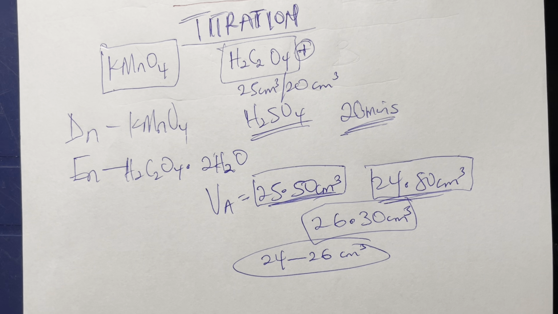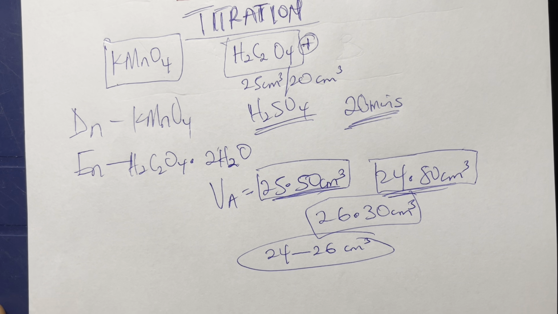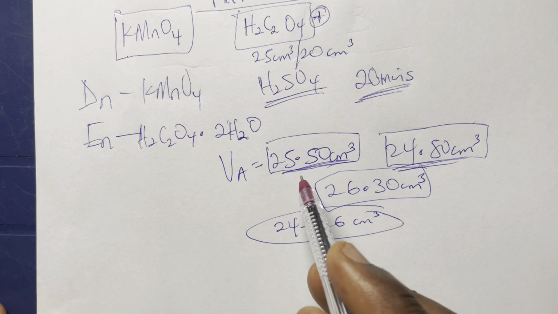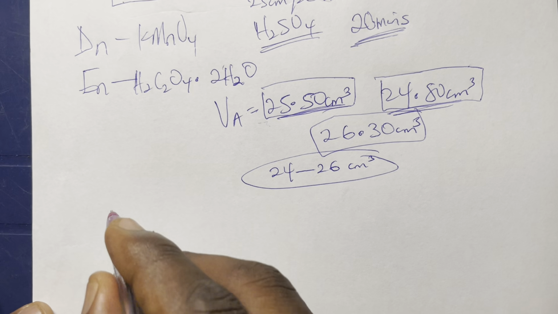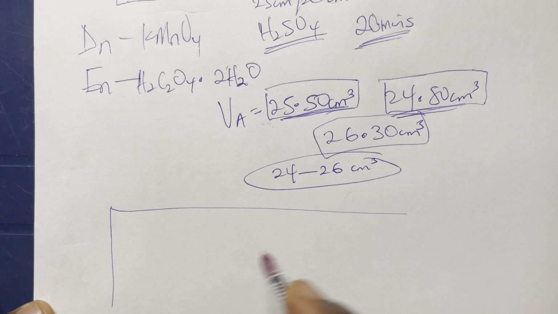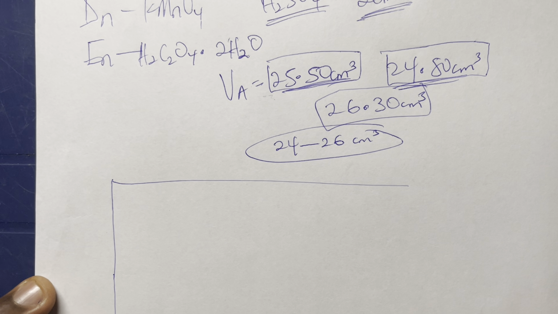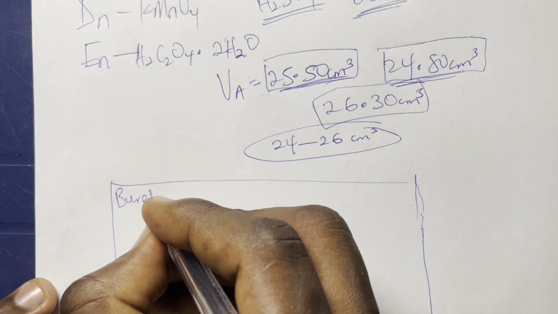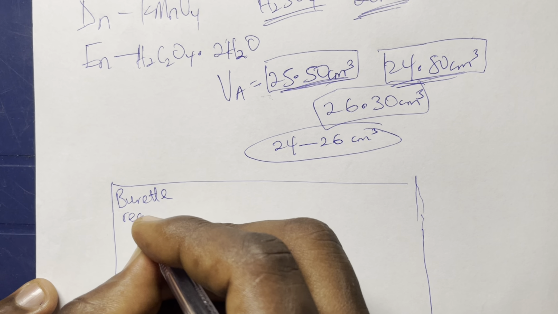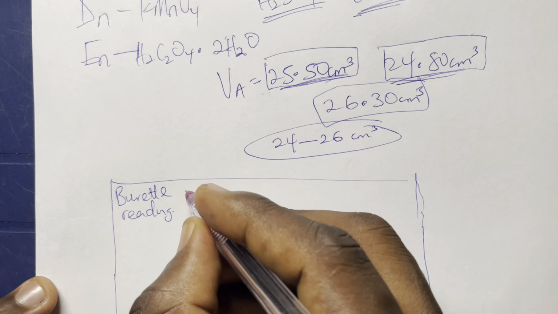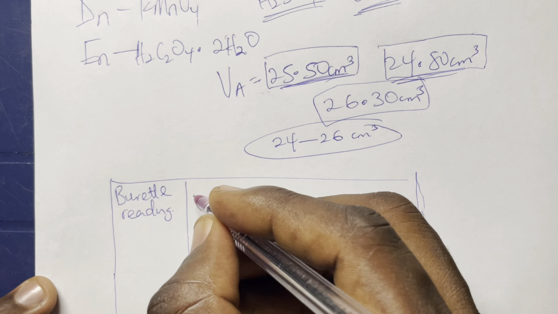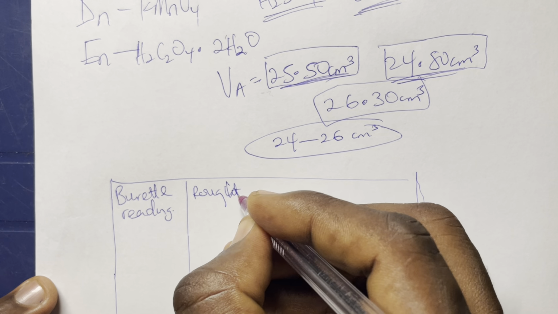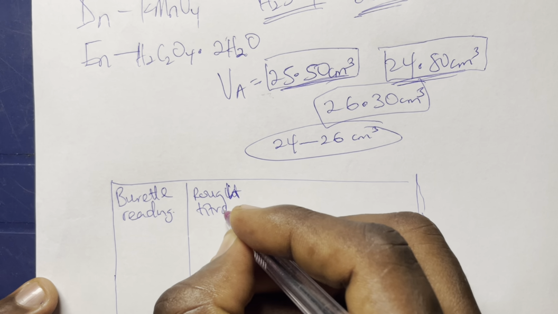And also, if you want to predict your table based on what we did here, you already know that your titre value should be 25.0. So you can just give a table like this. Here should be burette reading. Here, let's include rough titre.